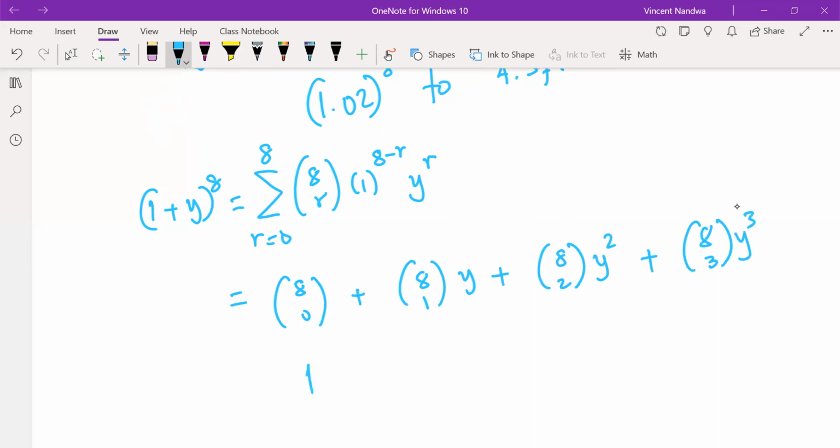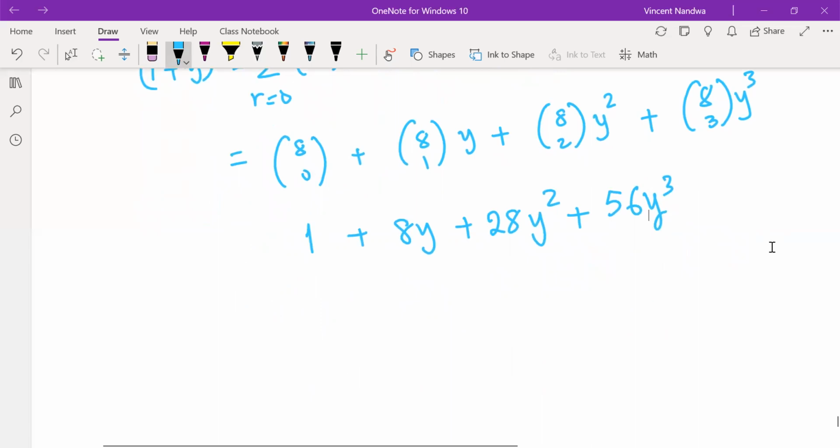So this is 1 plus 8y plus 28y^2 plus 56y^3.